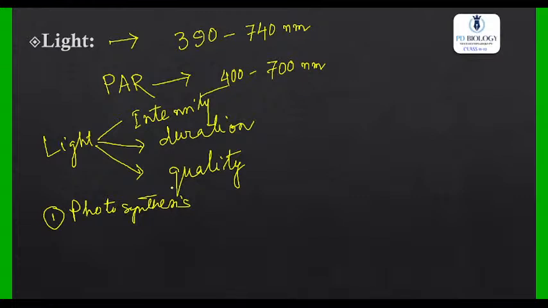Photosynthetic yield is maximum at the equator and the tropical areas. The amount of photosynthesis depends on quality, intensity and duration. The photosynthesis yield is 50% at 50-degree latitude.